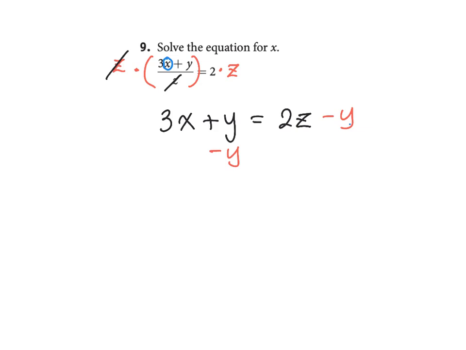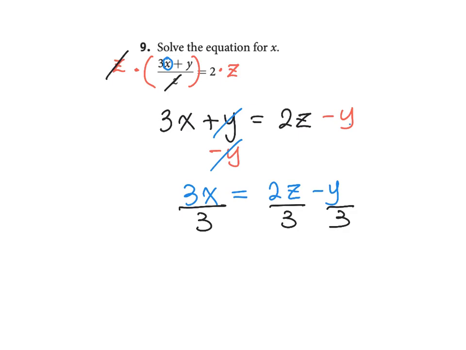That will cancel these two. And what remains? 3x equals 2z minus y. From here, we need to divide each term by 3. Or you can actually put these together in the same denominator over 3.